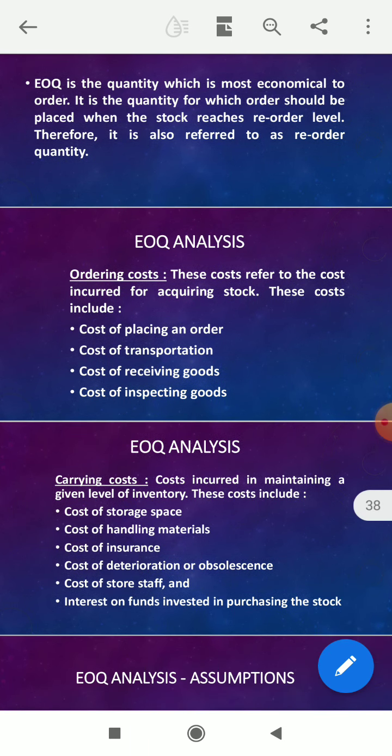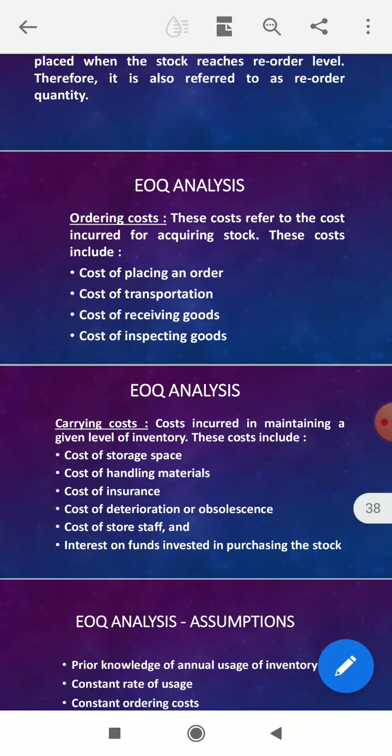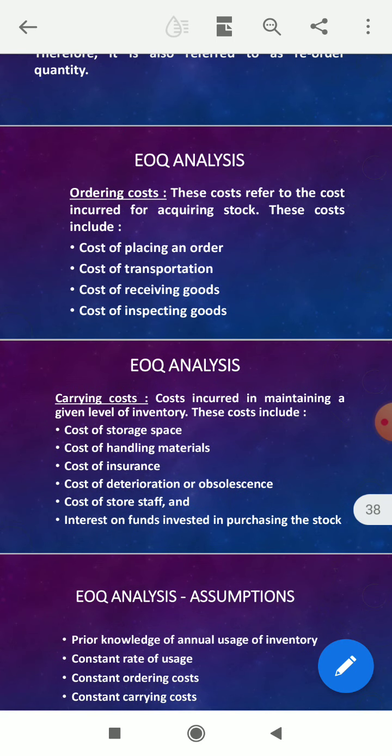Second one, carrying cost, the cost incurred in maintaining a given level of inventory. These costs include cost of storage space, cost of handling material, cost of insurance, cost of deterioration or obsolescence, cost of store staff, and interest on funds invested in purchasing stock.